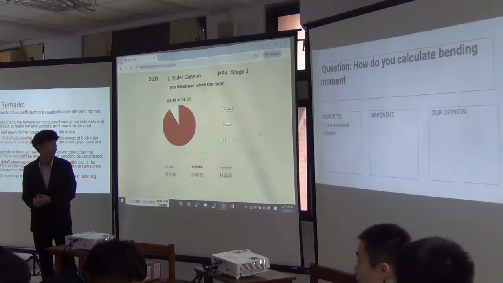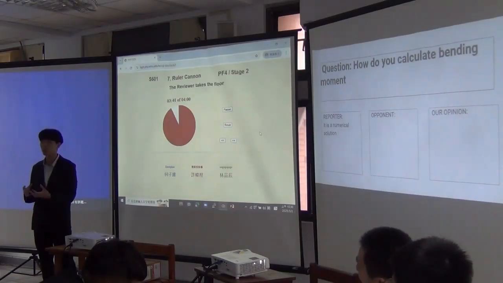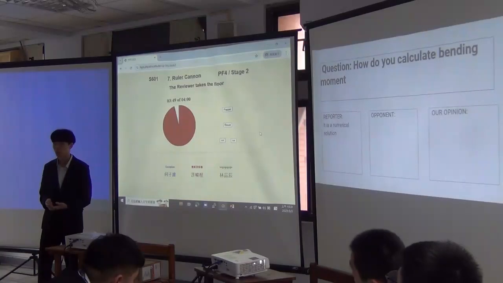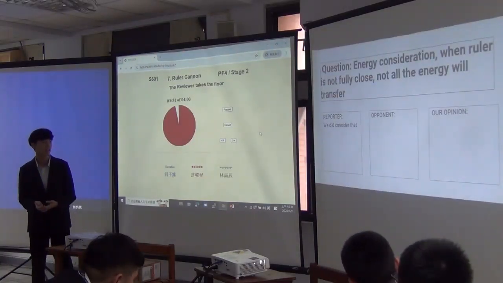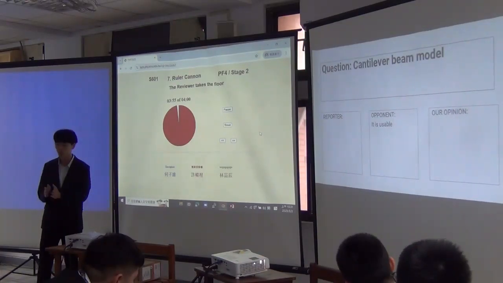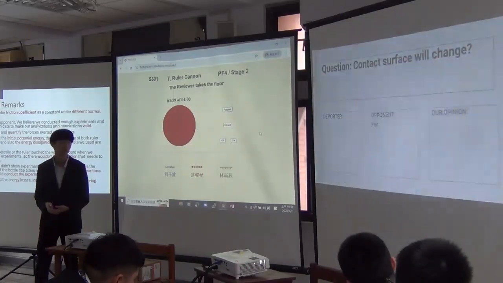Since the bending moment can only be used when you apply force at a specific point, and the contact area between the ball and ruler is large enough, I don't think the bending moment can actually be used to calculate this phenomenon. And next, the energy consideration. We think that when the ruler is not fully closed, there's some loss of energy, and the reporter agreed with that.